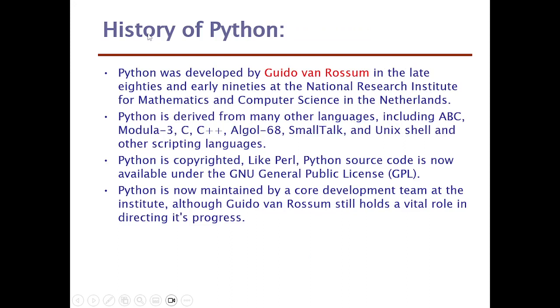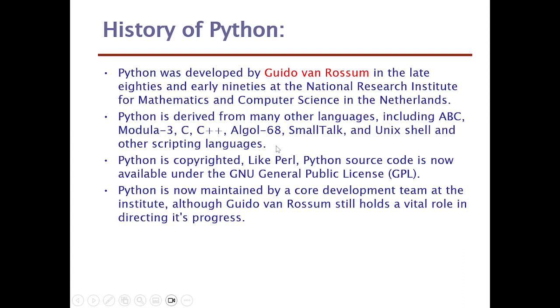So the history of Python, we already discussed this a while ago, but we still review it. Python was developed by Guido van Rossum in the late 80s and early 90s at the National Research Institute for Mathematics and Computer Science in the Netherlands. Python is derived from many languages, including ABC. So ABC is from I think the 1980s. Modula-3, C, C++, Algol 68, Smalltalk, and Unix Shell, and other scripting languages.